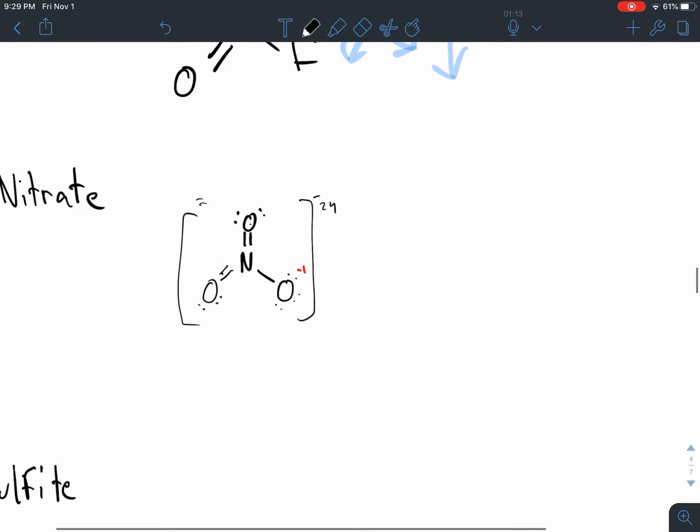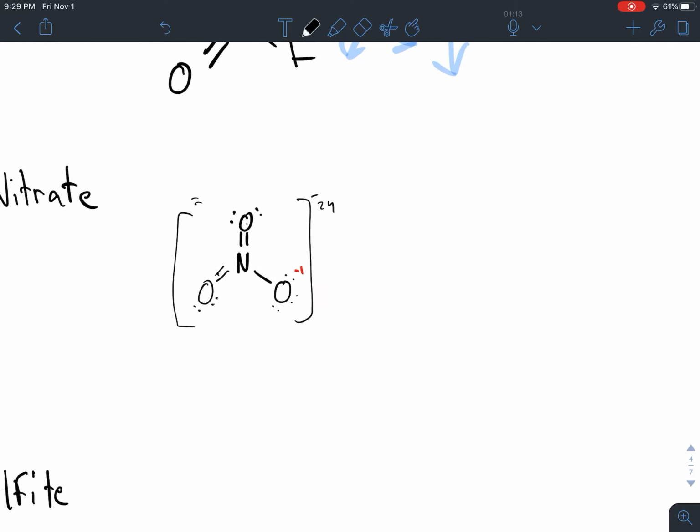That can't be right, because nitrogen can't have an expanded octet. Does it though? Yeah, it totally does. One second. My bad.